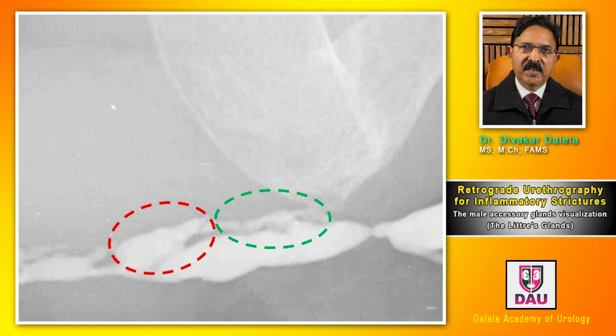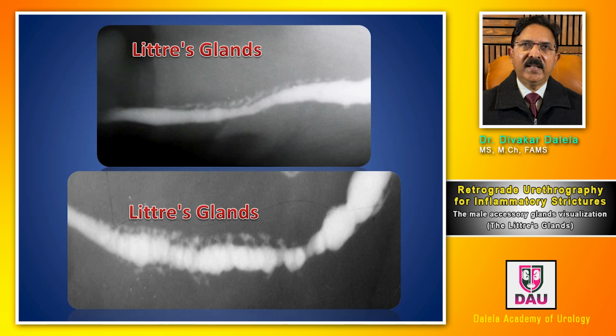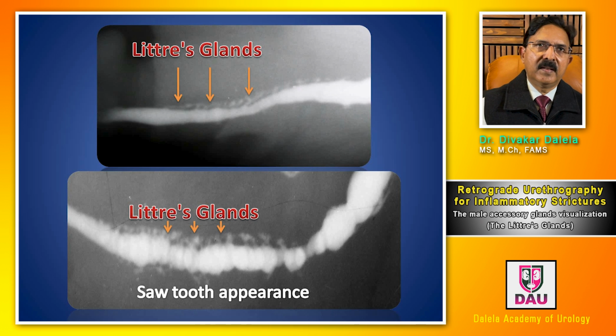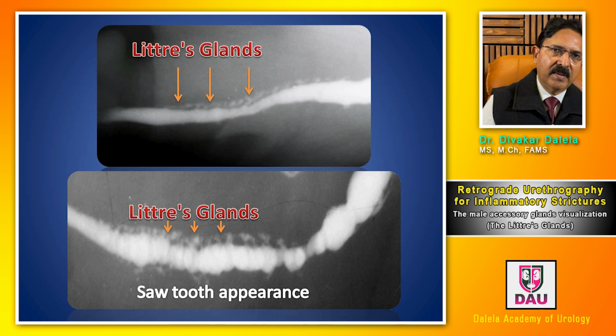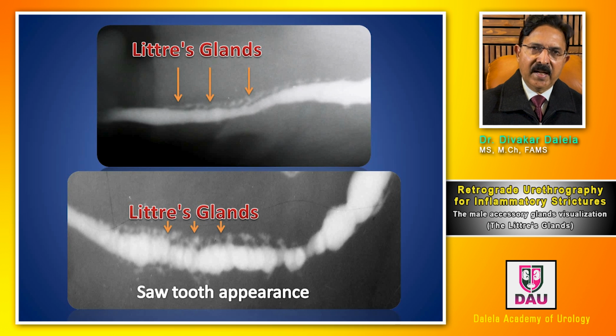So you can see such pictures sometimes. Look at these pictures on top, pictures below. This is what you would say Littre's glands visible in retrograde urethrogram. Now, if you look at these Littre's glands in these urethrograms, you will be reminded of a saw, and this is called sawtooth appearance.